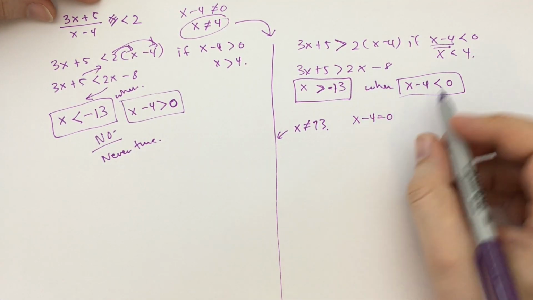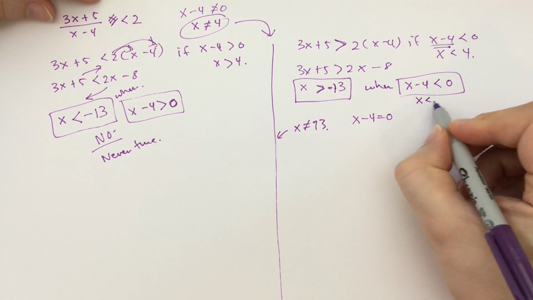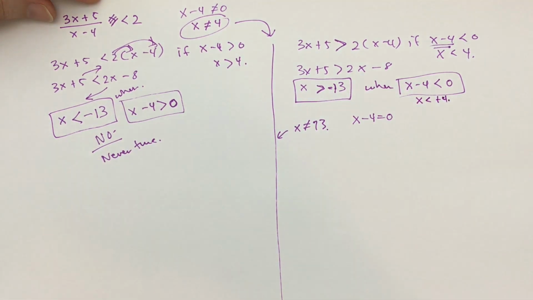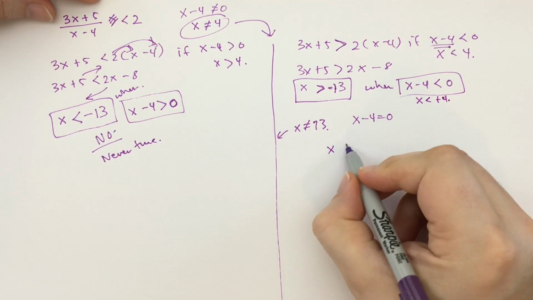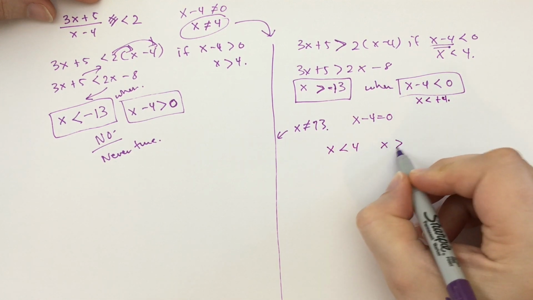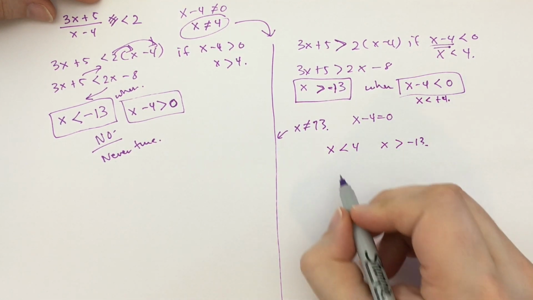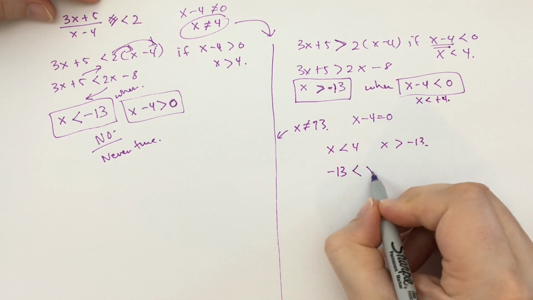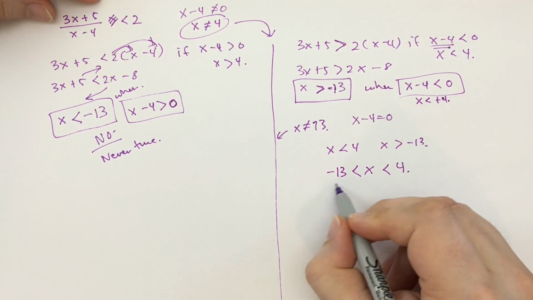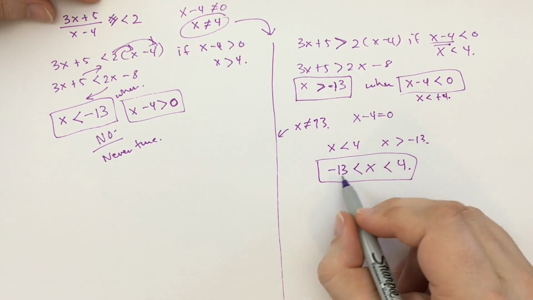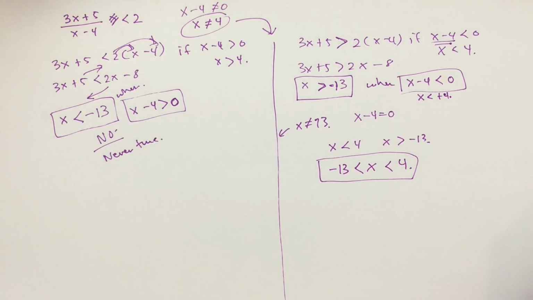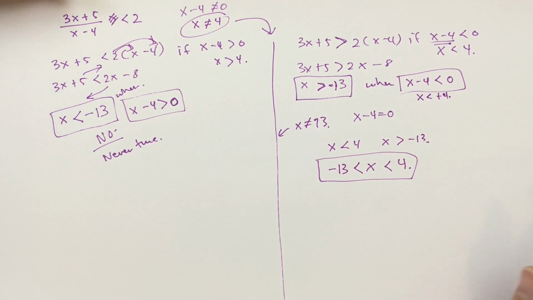So we get x is less than positive 4, and x is larger than negative 13. So we can rewrite it this way: negative 13 is less than x, is less than 4. So x is any number in between negative 13 and 4, and that'll satisfy this inequality.